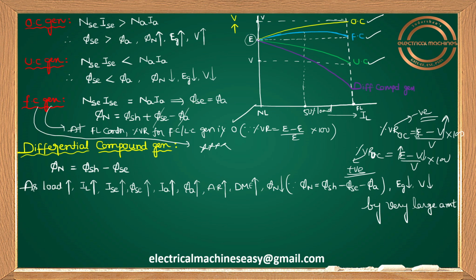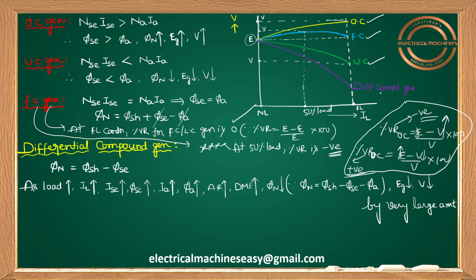At that time your no load voltage is E only, but the load voltage V is more than E. So at 50% load it is negative. I'm saying at any load other than full load, 10%, 20%, up to 80%, the percentage voltage regulation is negative, because the voltage V is more than the no load voltage E. Be careful in examinations about what is being asked. Depending on the question you have to react.